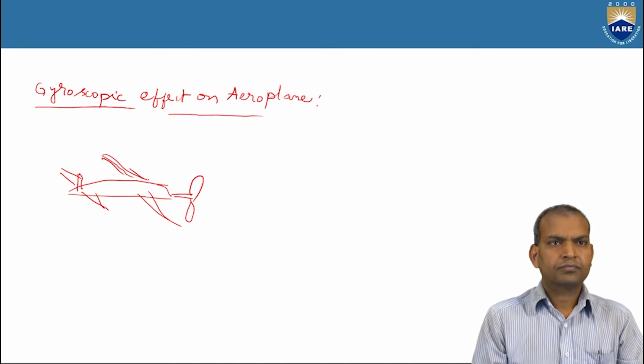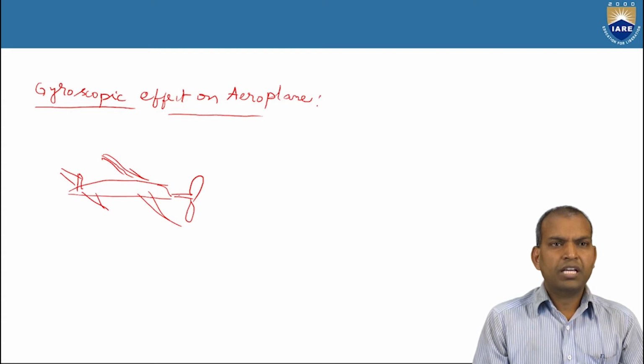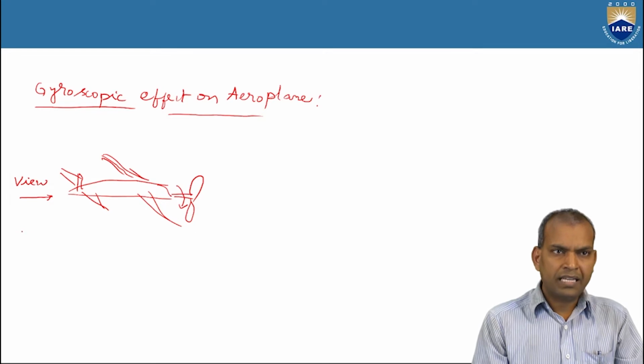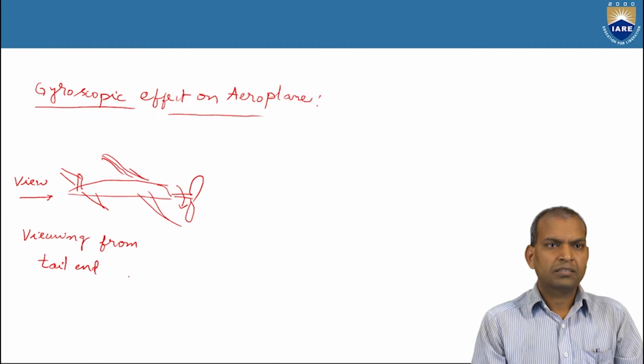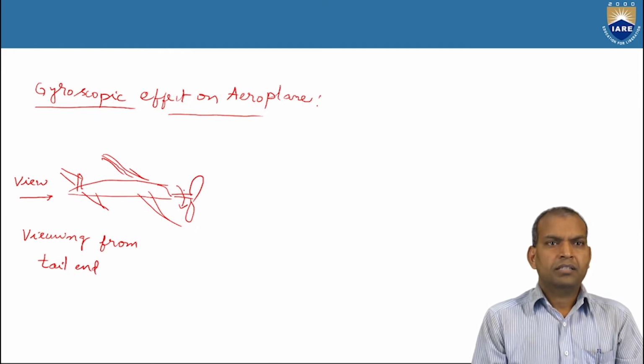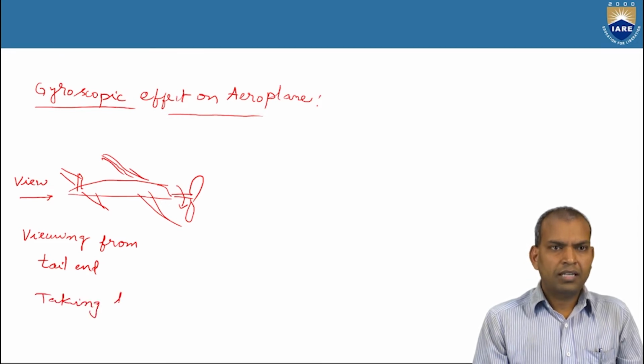Here the plane of rotation of the propeller is clockwise direction when we are viewing from the tail end, and it is taking a left turn with a certain radius.